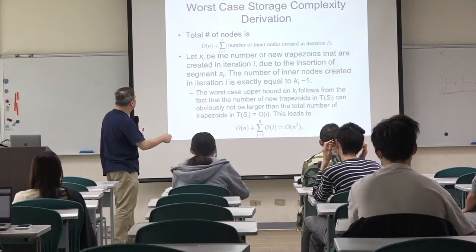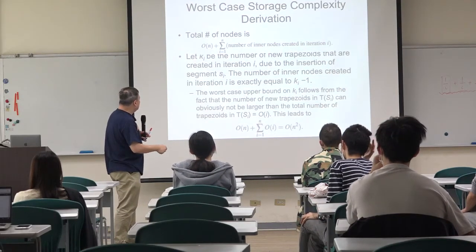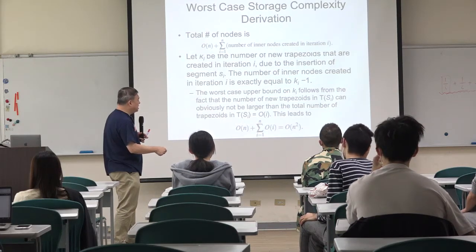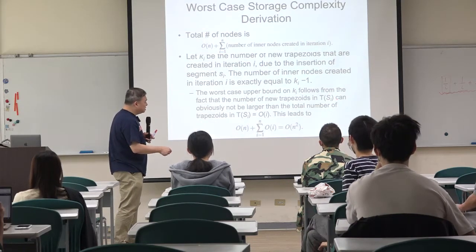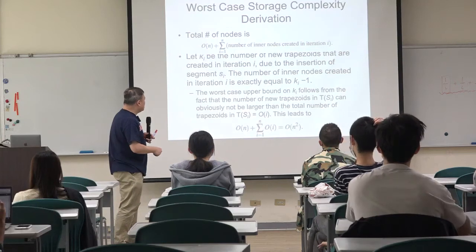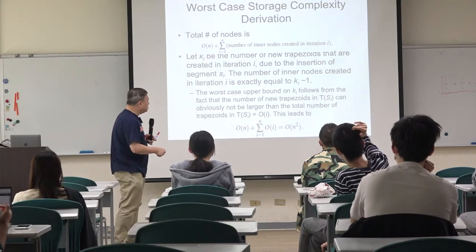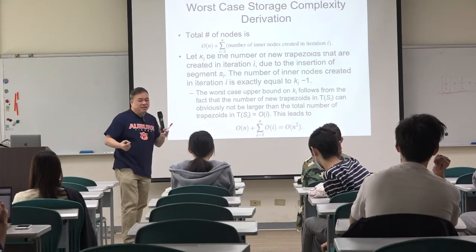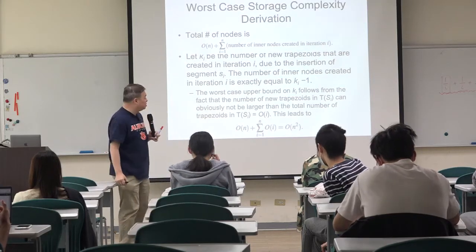The worst case upper bound on kappa i follows from the fact that the number of new trapezoids in iteration i can obviously not be larger than the total number of trapezoids in TSi, which is linear in the number of segments that are already in the subdivision.